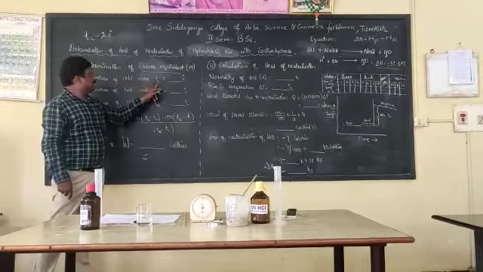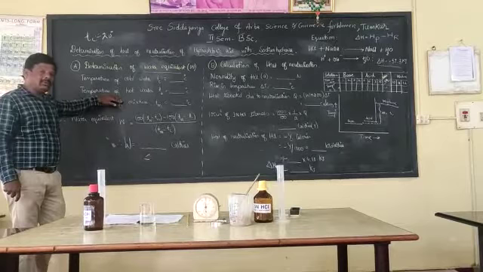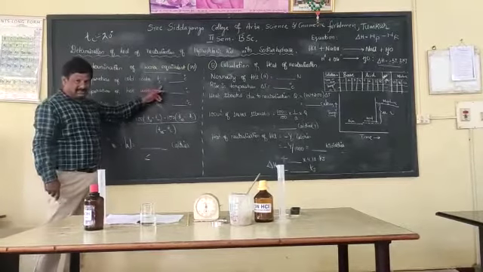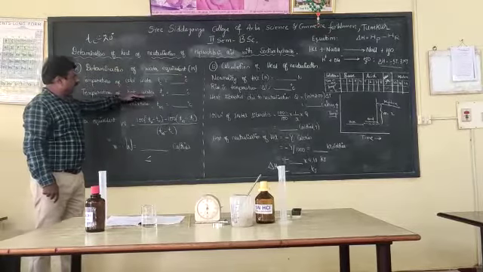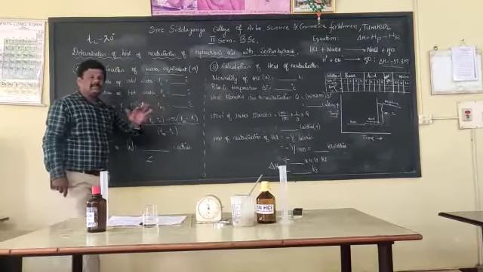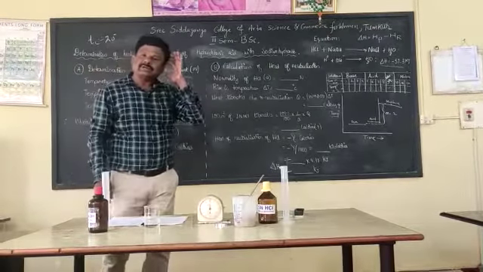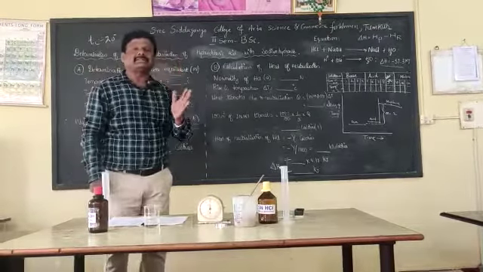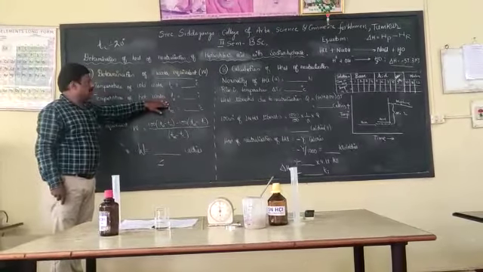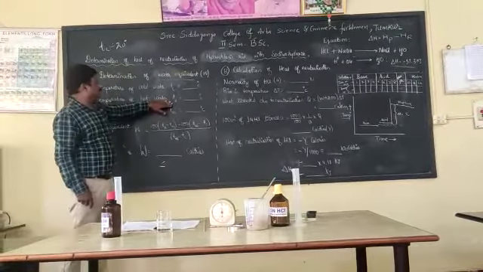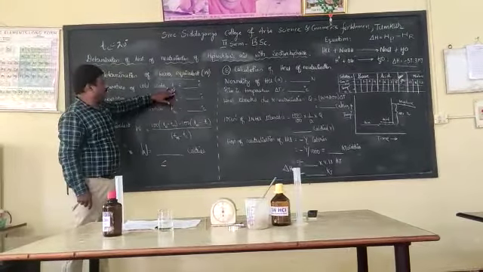Then 100 ml of water is taken in another beaker and heated to 10 degrees centigrade above Tc. After that, you keep it aside for a few minutes and observe the temperature of the hot water in the beaker. The temperature gradually falls and exactly coincides with 10 degrees above Tc.